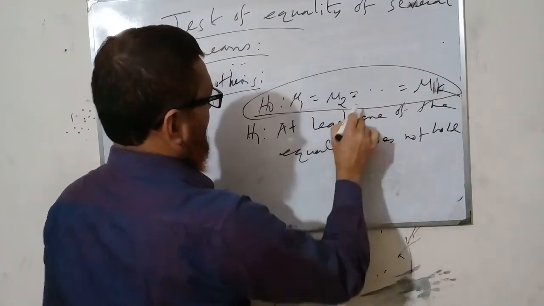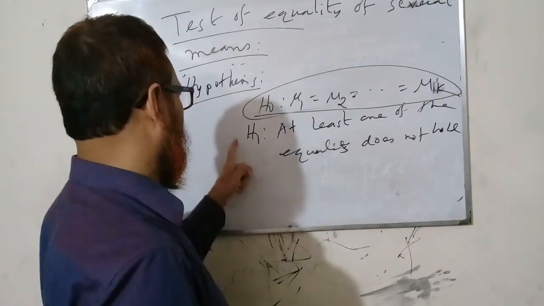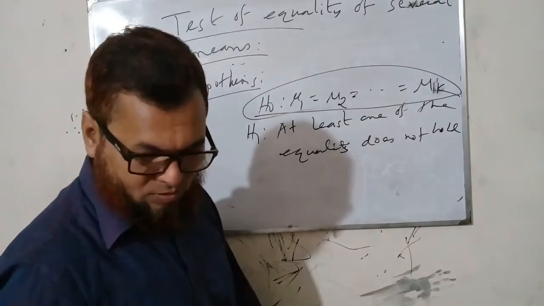This means that all the groups are equal under the null, and in the alternative at least one of the equality does not hold.